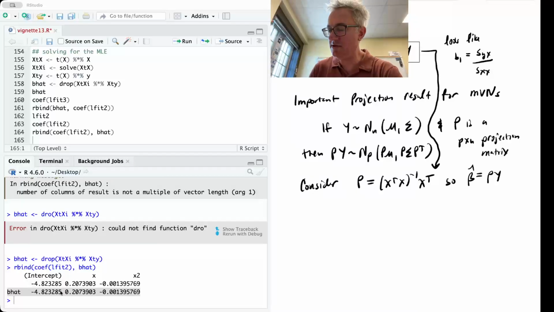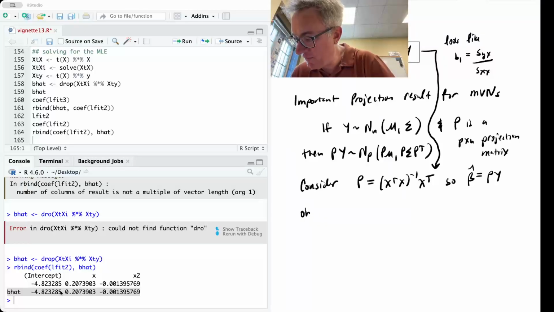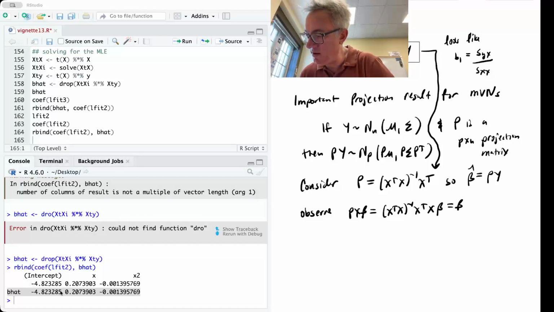It's almost the same, except it's missing the Y, but then I put the Y on before calculating beta hat at the end. Now I can use this result, observe that P times X beta is (X transpose X) inverse X transpose X beta, which is equal to beta.